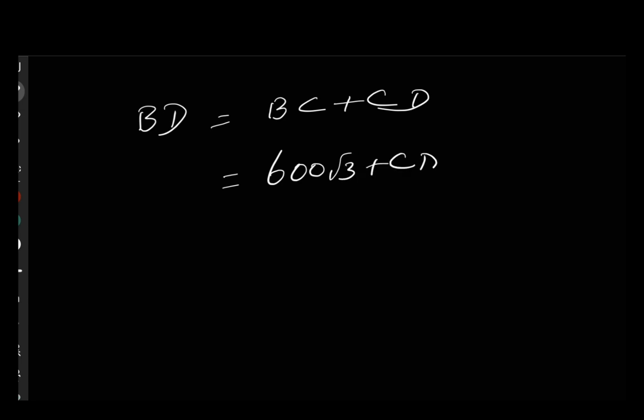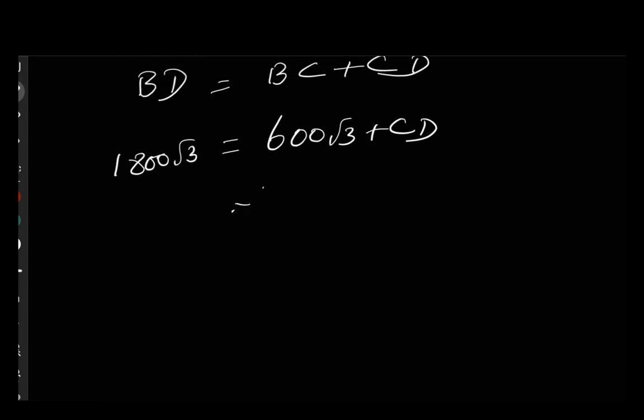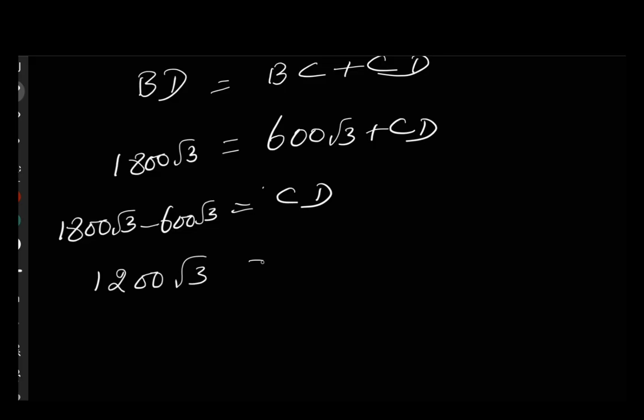You have to find BD, which is 1800 root 3. So both the values you have got here. So keep CD here: 1800 root 3 minus 600 root 3. So 1200 root 3 is equal to CD.